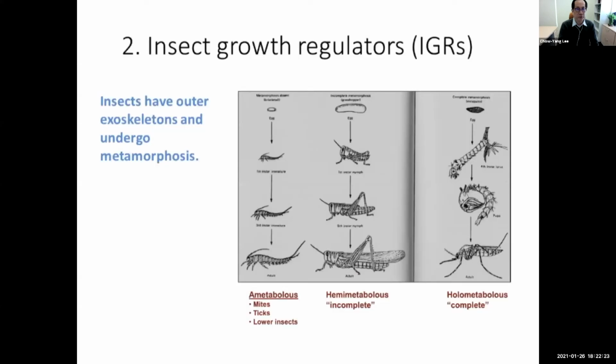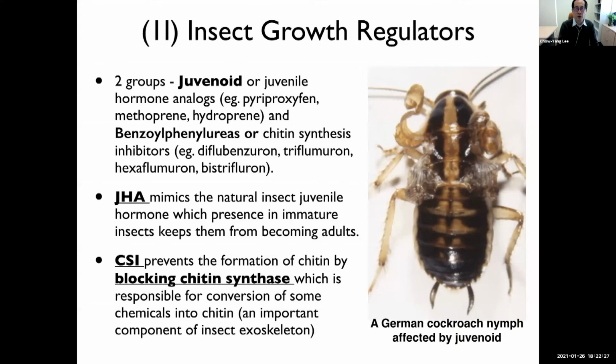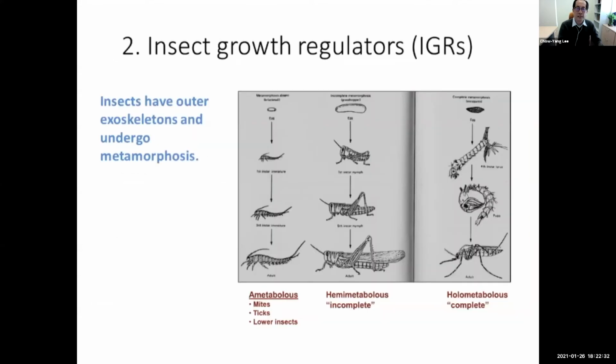We talk about the first one, insect growth regulators. With juvenile hormone analogs, as we all know, as the insect goes through the immature stage all the way to adult, the level or titer of juvenile hormone drops.